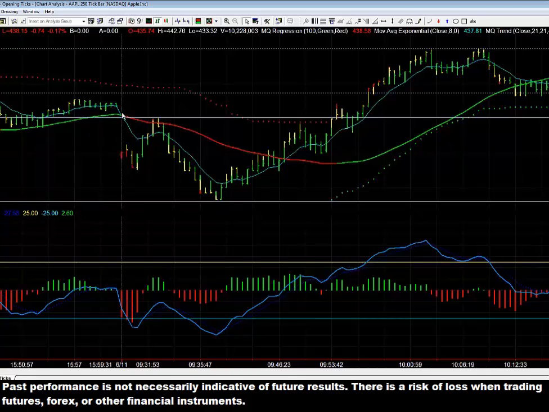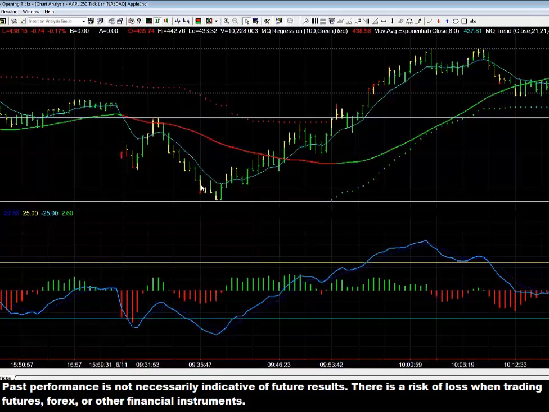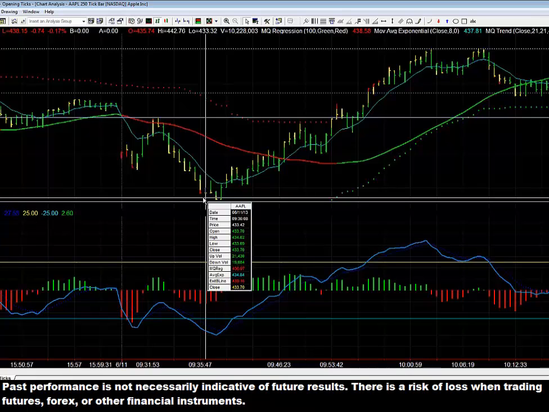So today, Apple actually gapped down at the open, made this new level of lows right here. See the histogram? Prices came up, and then they rolled back down. Now, you can see prices here made equally low, and they continued lower to this level here around 433.5.